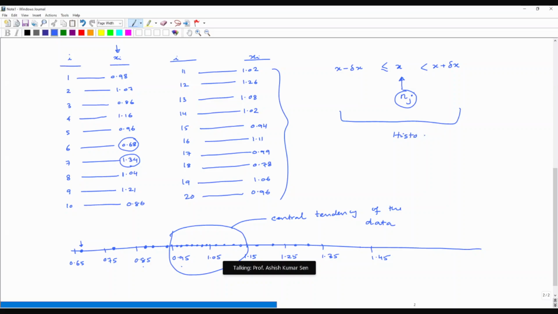The same data we can present not just on a linear scale, but in the form of a histogram. And I can write the frequency of occurrence of data, Fj, as Nj divided by capital N, where capital N is the total number of data points.